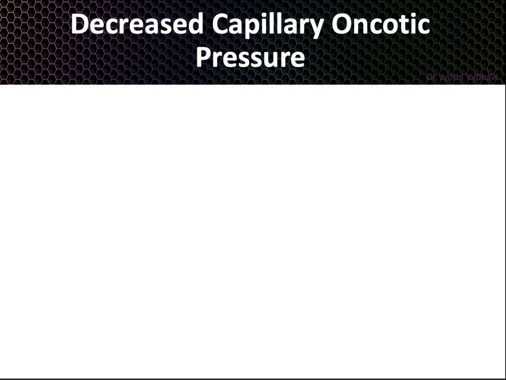So either proteins are lost or proteins are not produced at all. If you remember the Starling forces, the major inward force was the capillary oncotic pressure. If the major inward force is not there, there is too much filtration and very little reabsorption, so there is too much fluid in the interstitium.